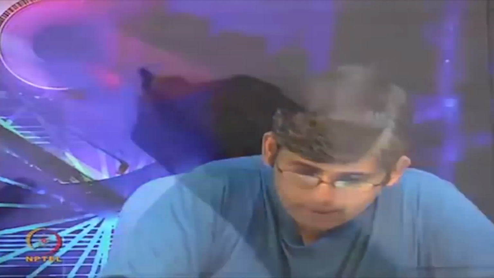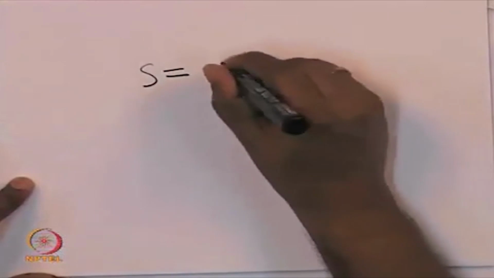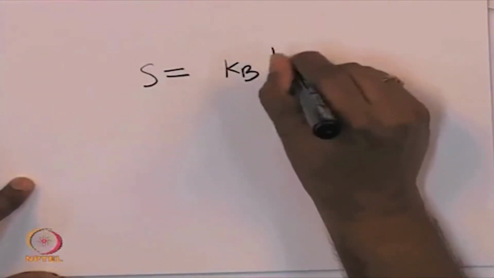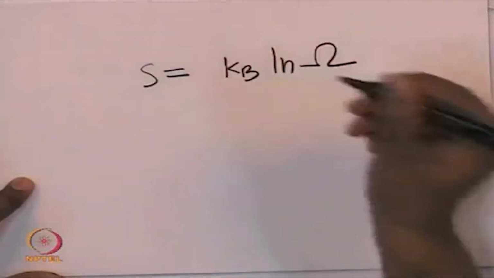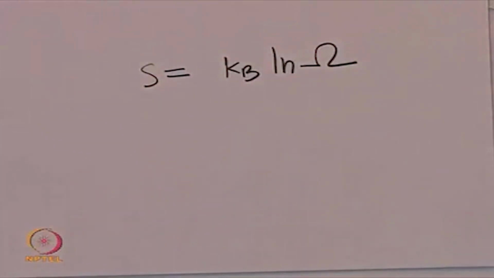If there are 5 possible arrangements of proteins, then entropy will be kB log 5. So, S entropy is kB log omega, where omega is the number of possible arrangements. Now, let us think about what these arrangements are here.